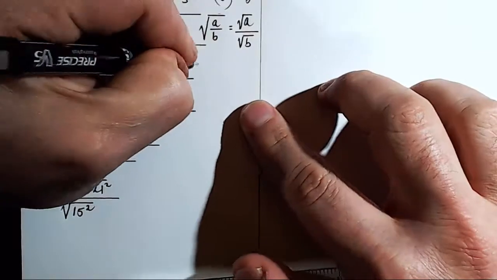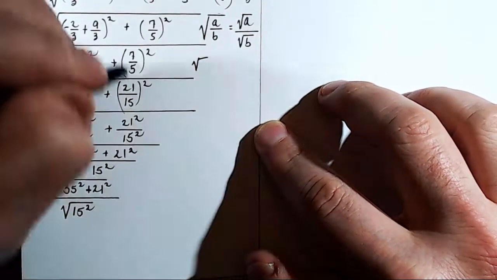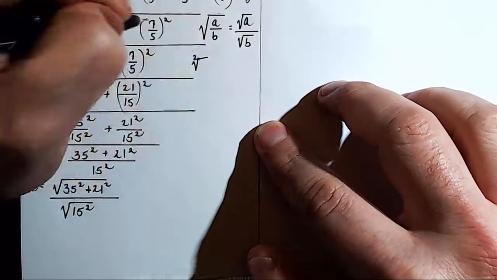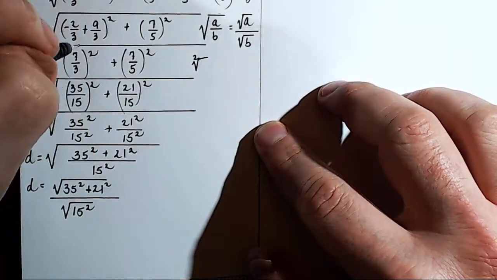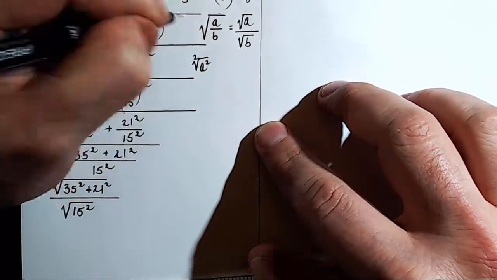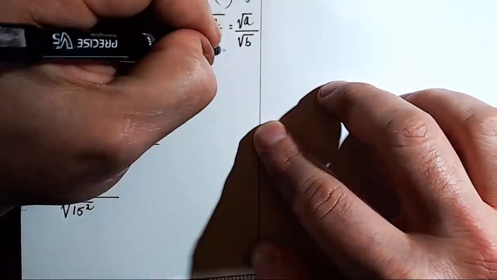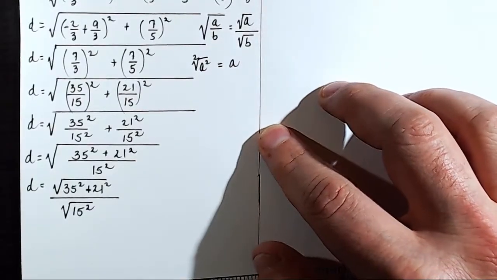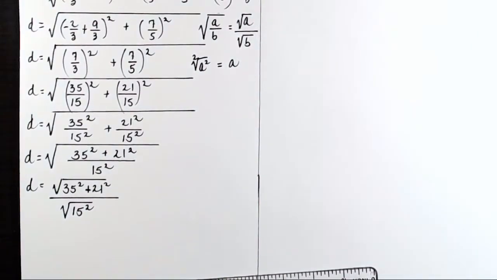Let me write this up here. The square root is really the second root. Okay? So there's a little trick. If I have the second root of A squared, like that, if you see those twos, that is equal to A, or plus or minus A, right?